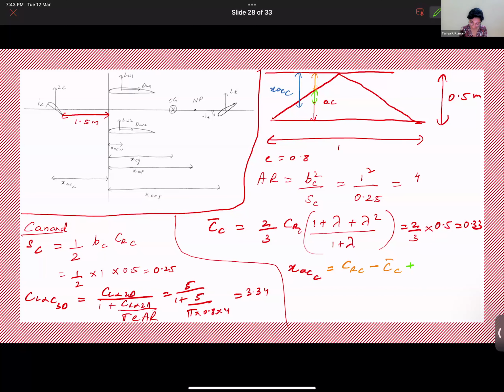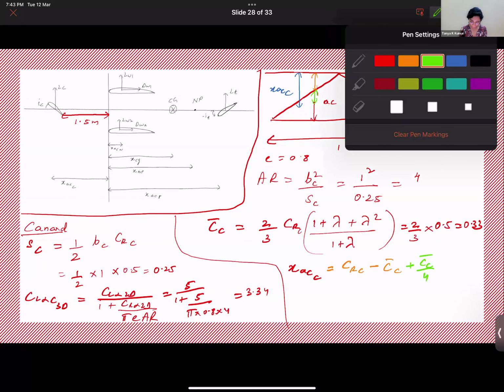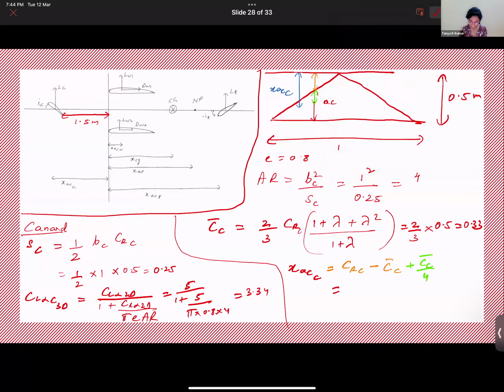Exactly, CC by 4. Perfect. Can you tell me the value now? CRC is 0.5. CC is 0.33. And this is 0.33 by 4. So what is this value?